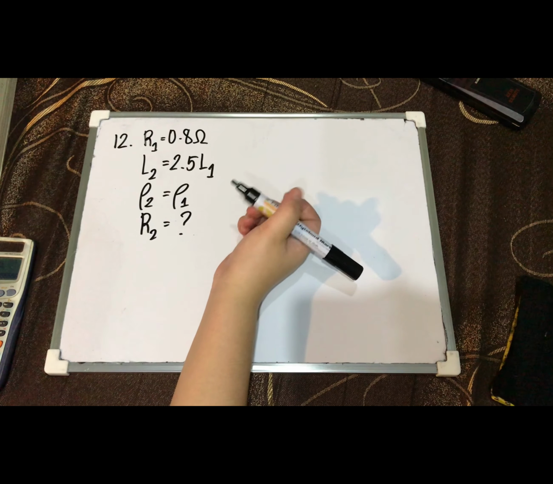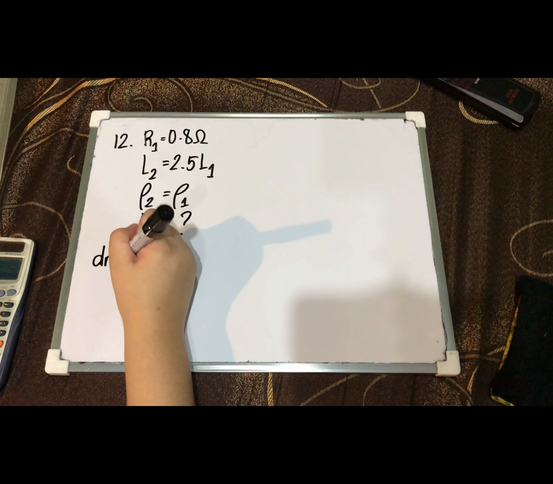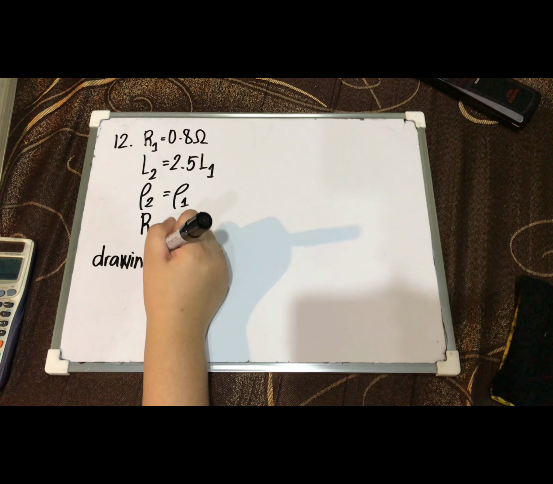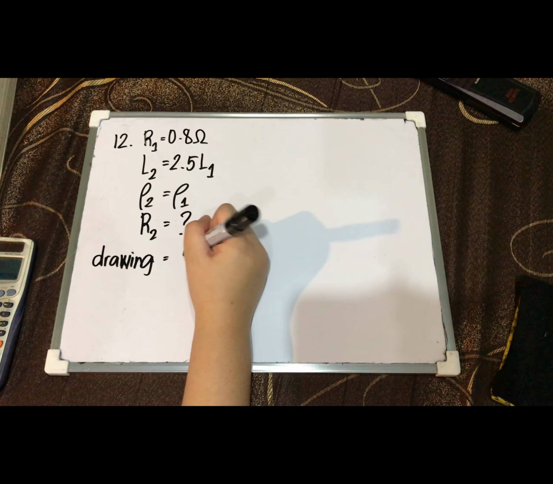So, binanggit dito sa problem na to na drawing process. Drawing is equal to drawn. Pag binanggit yan sa mga problem, ibig sabihin, yung wire recreated. Meaning, we may assume that it has the same volume. V2 is equal to V1.